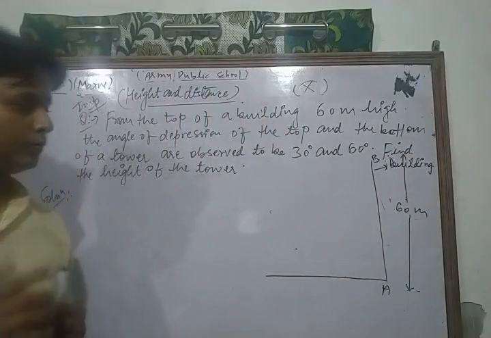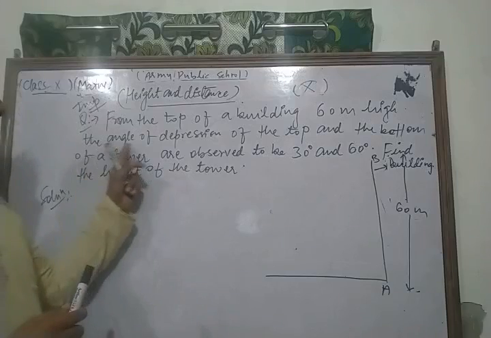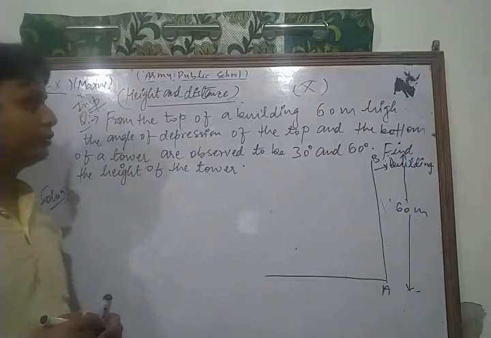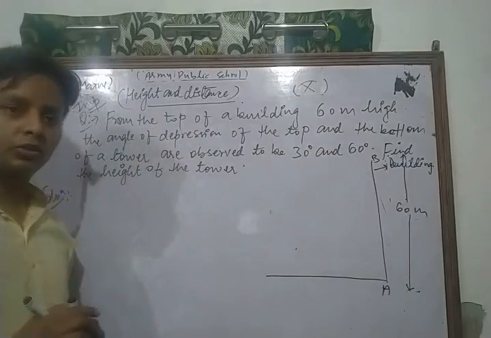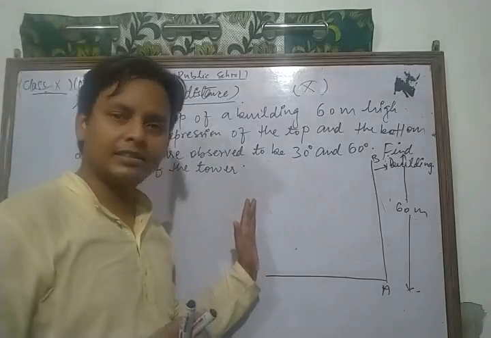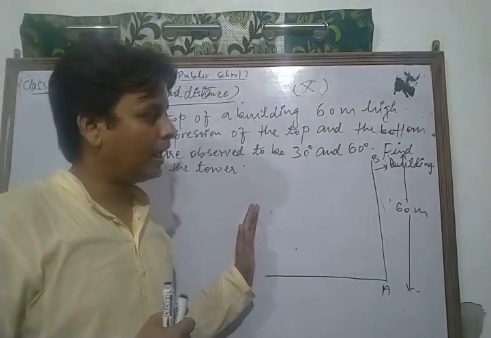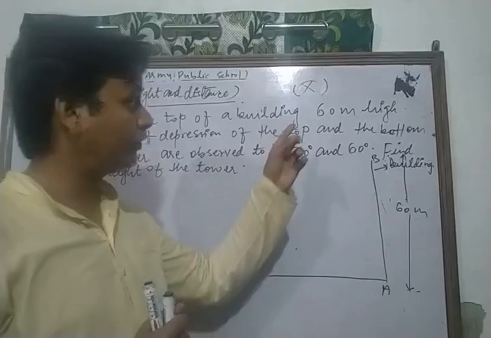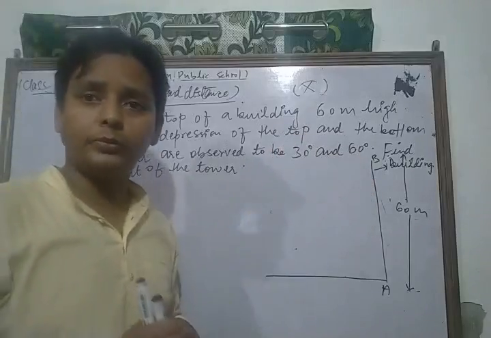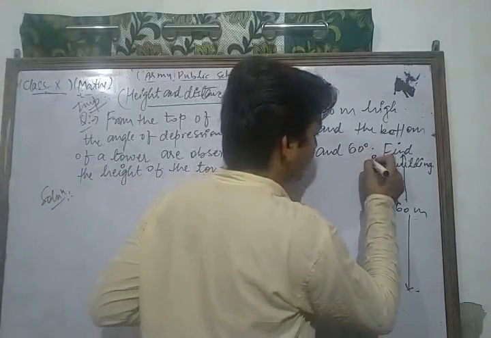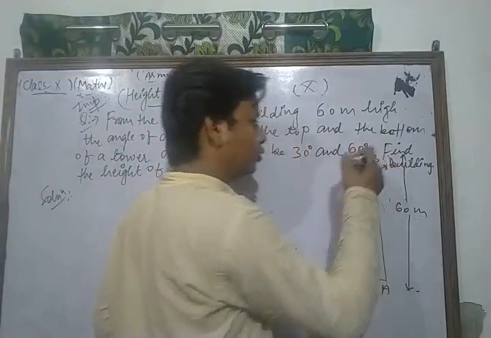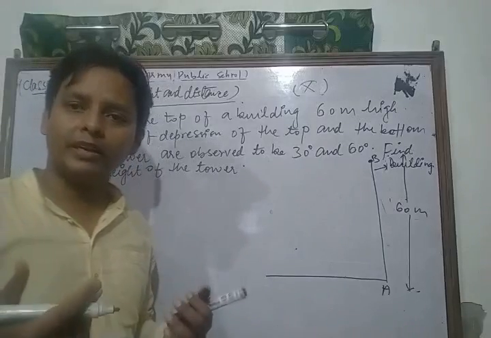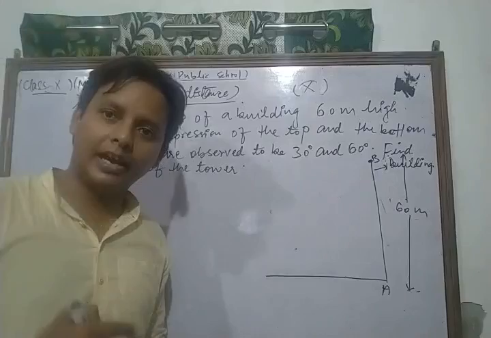Now, the angle of depression of the top and the bottom of a tower are observed to be 30 degree and 60 degree. So it is clear that the height of the tower is less in comparison to the building, because the observer is at point B. You know that the angle of depression is formed when we see any object from a height.